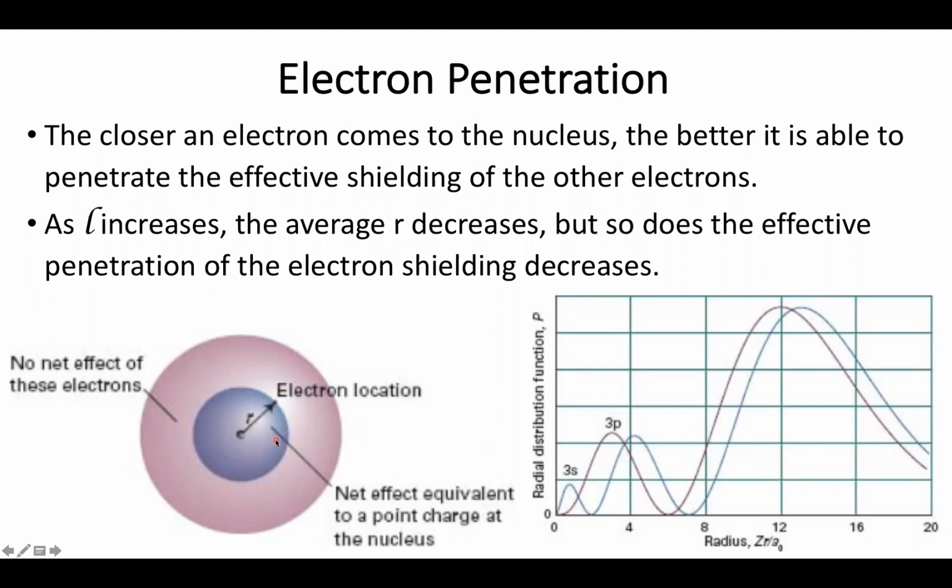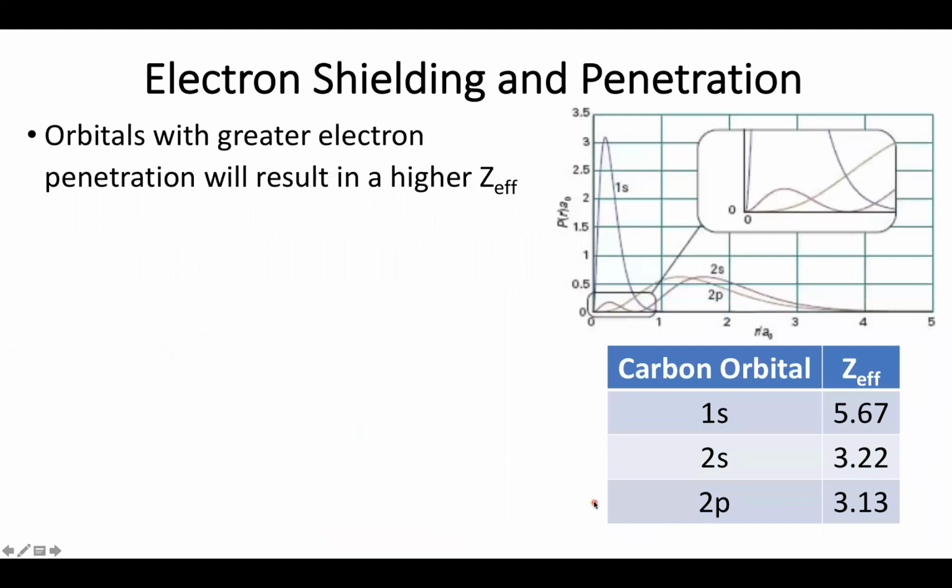So, kind of paradoxically, the lower the angular momentum, the more penetration I get, and thus the more stable the system gets. So often what we're going to find is that the electron with the greatest penetration is going to give me the highest Z effective.